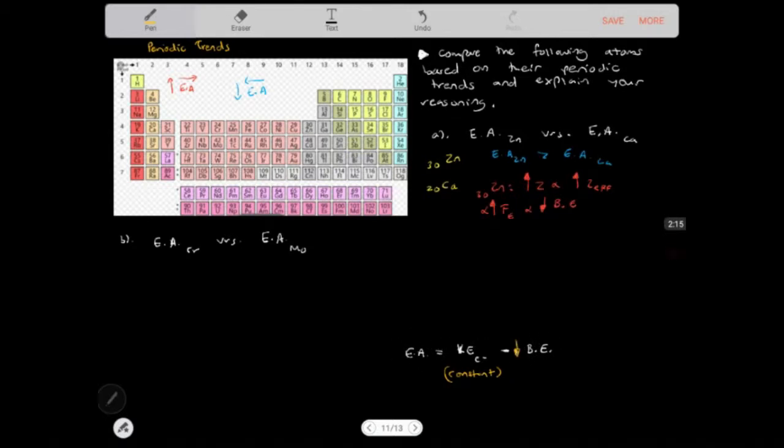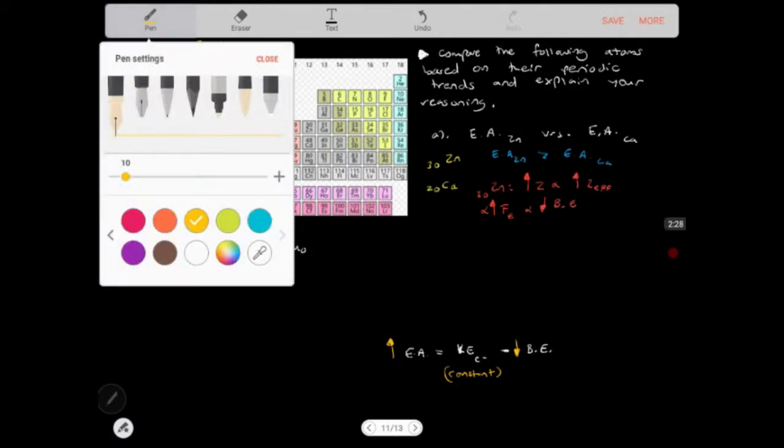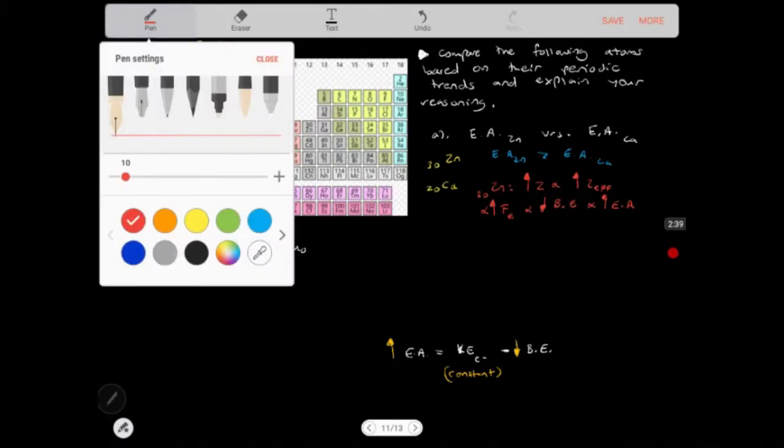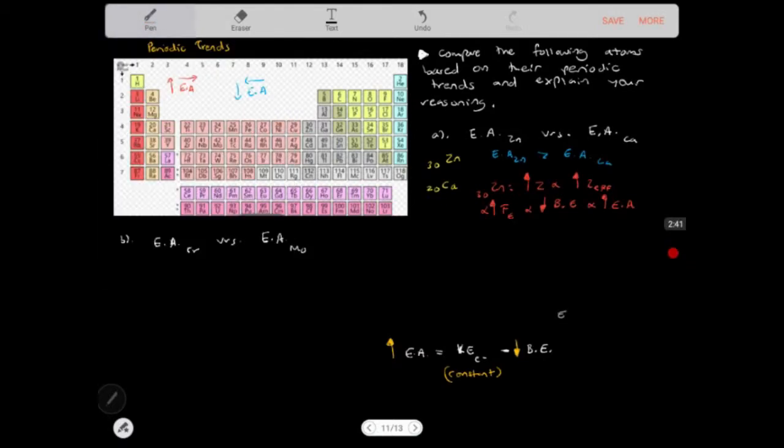So if the barrier energy decreases, for instance, then the electron affinity would be higher because now you're subtracting a smaller value from the kinetic energy, a constant number, right? And so this is the idea. As the barrier energy decreases, the electron affinity will increase. So it's an inversely proportional relationship, right? In that sense, the electron affinity is inversely proportional to the barrier energy.